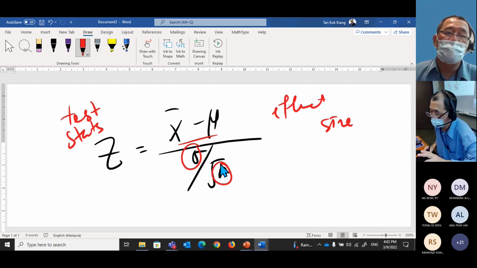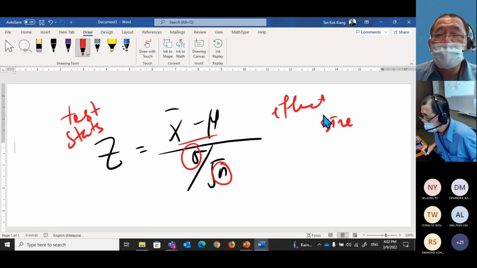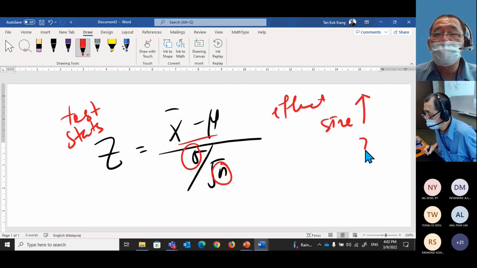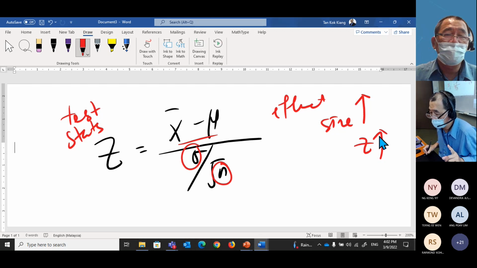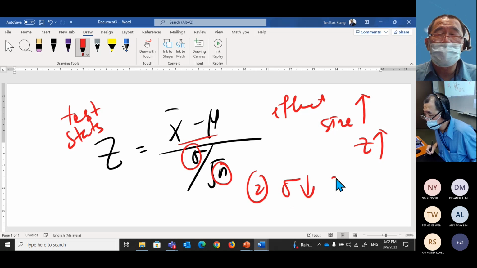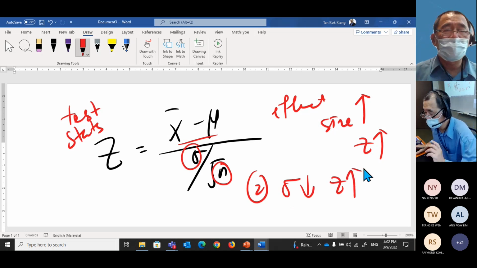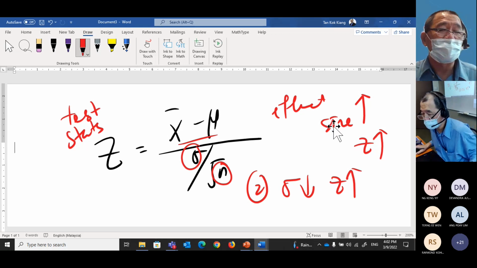I can tell you the relationship. Effect size larger, Z also larger. Second, when sigma is smaller, Z will be larger. Sigma is the standard deviation.